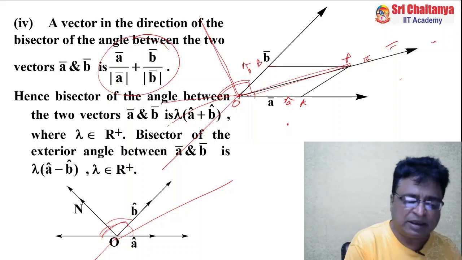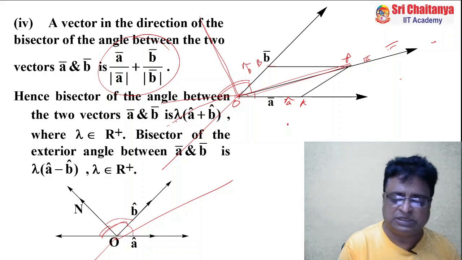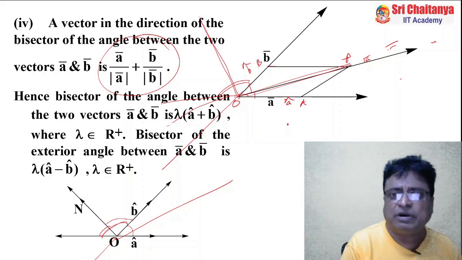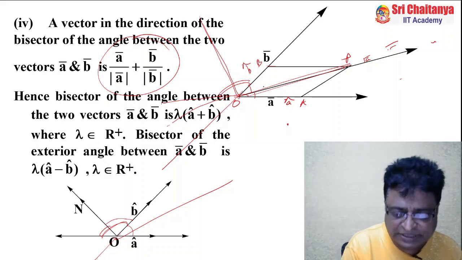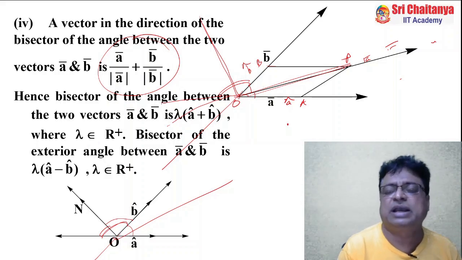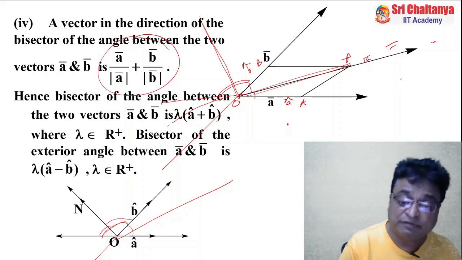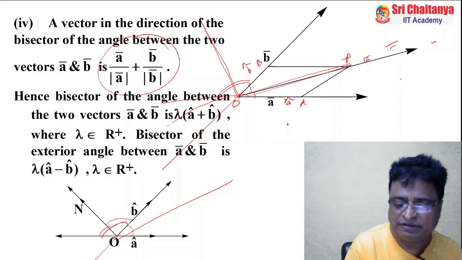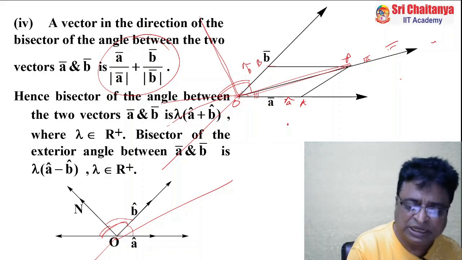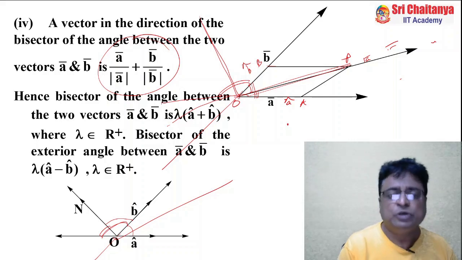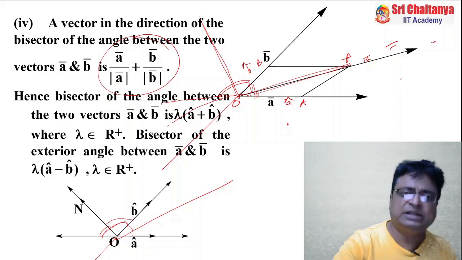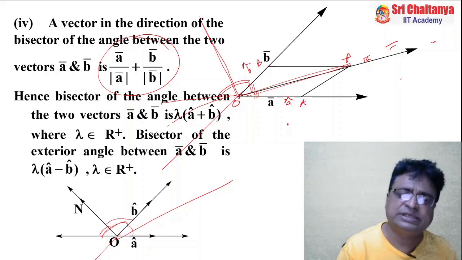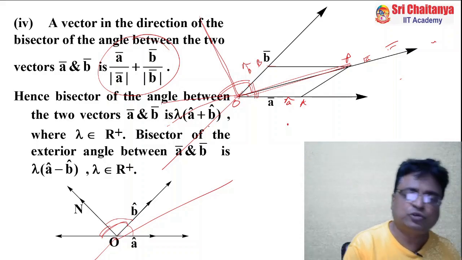For the internal angular bisector, it is lambda into that, because what matters is for what value of lambda this becomes a parallelogram, since only then both angles are the same. So this is the concept behind it. Forget about all these things, but you need to practice these two formulae.